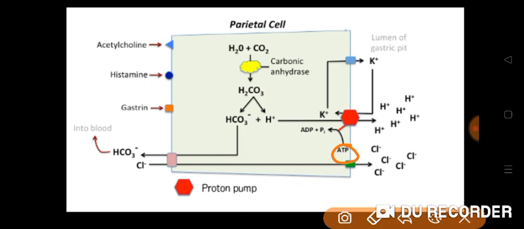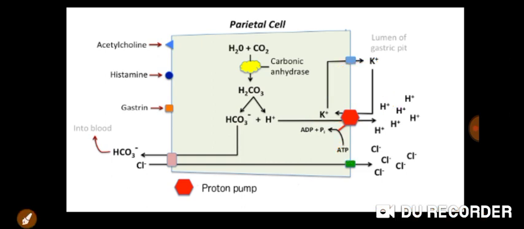Now this potassium ion also goes out through this potassium ion channel and comes in through this proton pump. It will maintain the concentration of hydrogen and potassium in the gastric lumen.